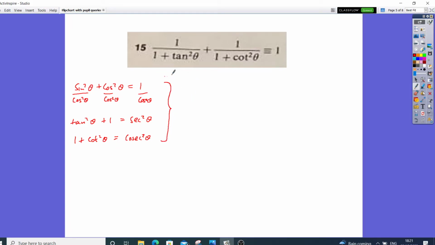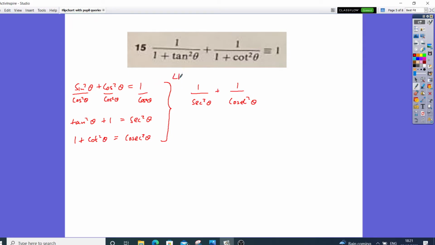Well, it will help us in the sense of shrinking things down. So I'm just going to put 1 over sec squared theta plus 1 over cosec squared theta.